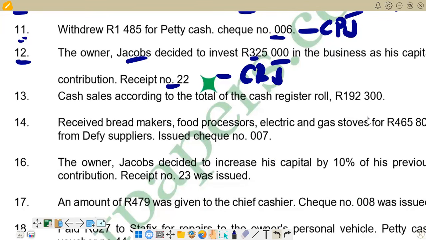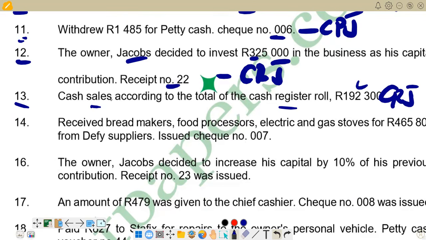So this is also sales, so we are going to receive money there, so it's going to affect the cash receipts journal again. The amount is 192,300, day 13, and this is the cash register row in terms of the documents, and they are sales. Very important to take note: cash sales, which means that they're also going to go through the bank.